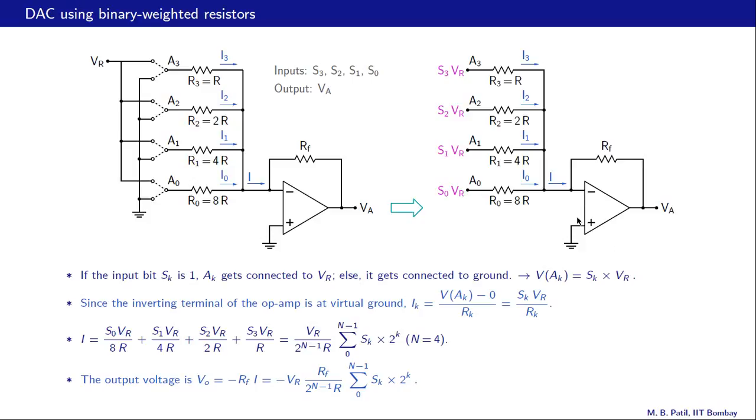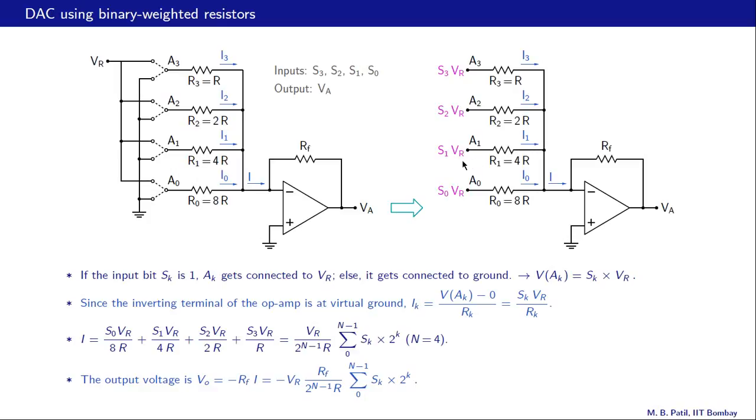Since V minus and V plus are equal, we have V minus equal to 0, and therefore this current can be calculated, and this current is nothing but I0 plus I1 plus I2 plus I3. I0 is S0 VR minus 0 divided by 8R.